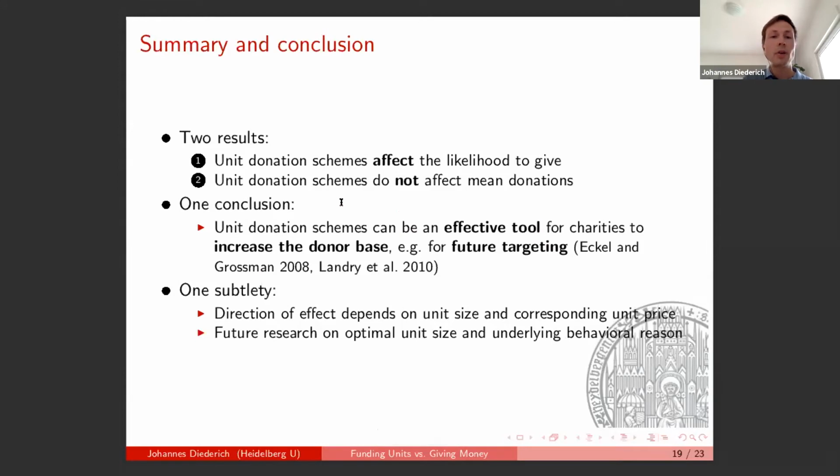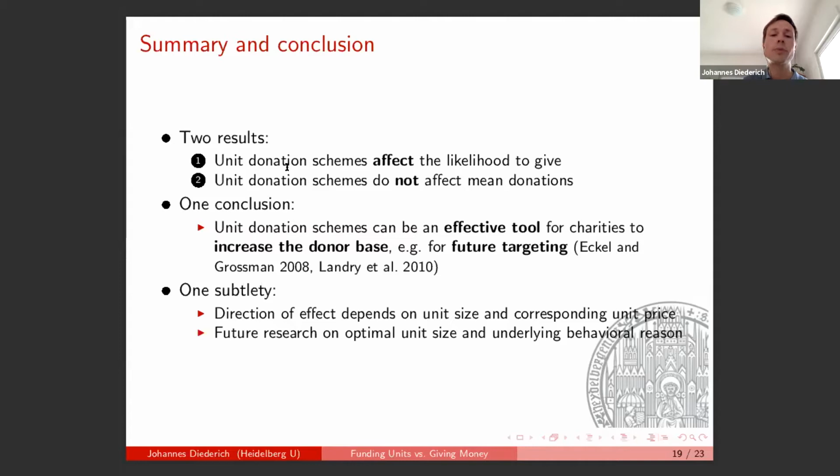So let me conclude. What we find in this paper is basically two results. The one is that the unit donation scheme affects the likelihood to give. It does, however, not affect the mean donations, the overall giving per subject.